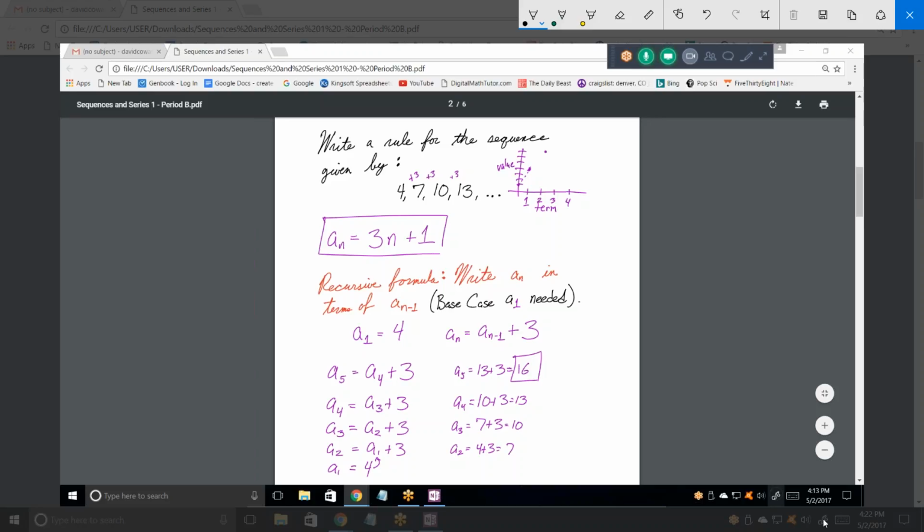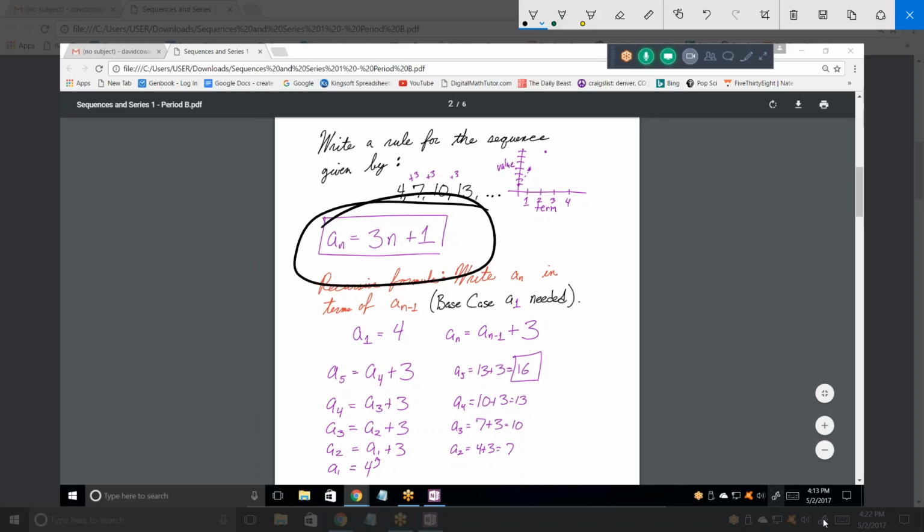A sub 5 equals a sub 4 plus 3, and so forth. But if you do it this way, you have to go back to a sub 1 and then work your way up to figure out what a sub 1, 2, 3, 4, and 5 are. It's a little easier, in my way of thinking, to just use the explicit formula for it. I think that's the word, explicit, that I was looking for.